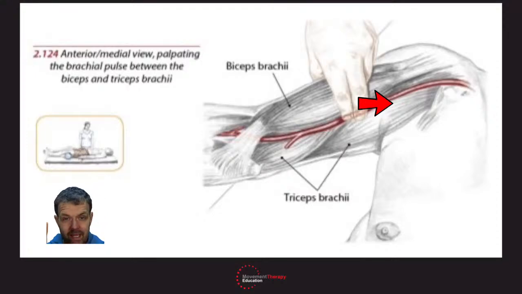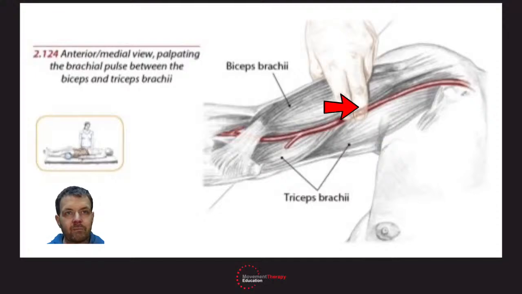So you can do it in that order if you're getting a bit confused with everything. So this is the arterial supply, and when we get down into the elbow, we'll look at it more from this region. So we're going to be focusing up here for today.